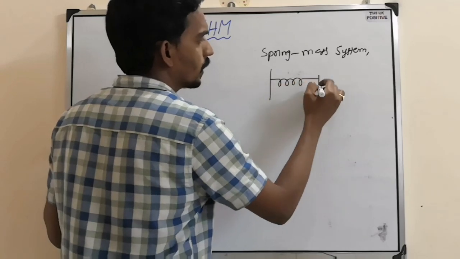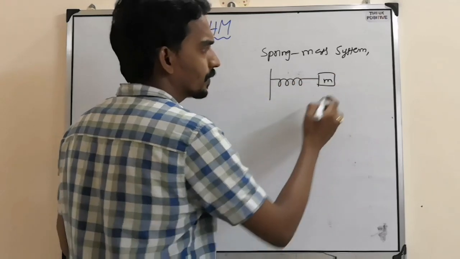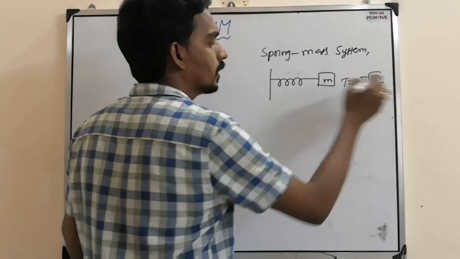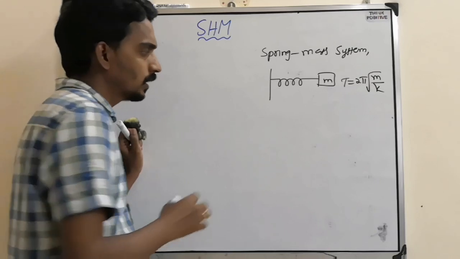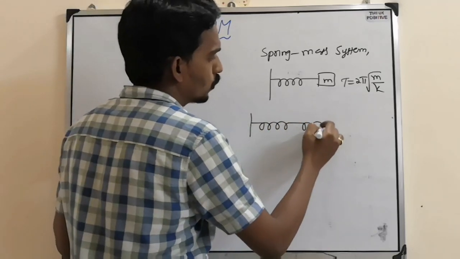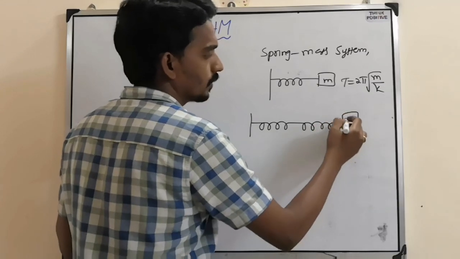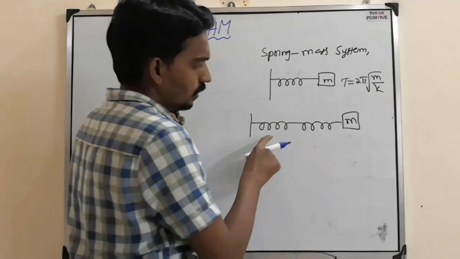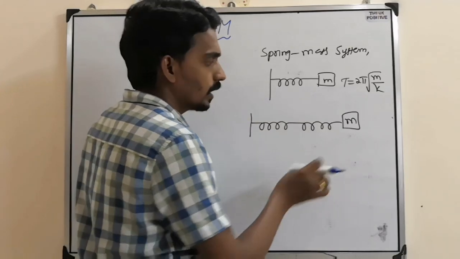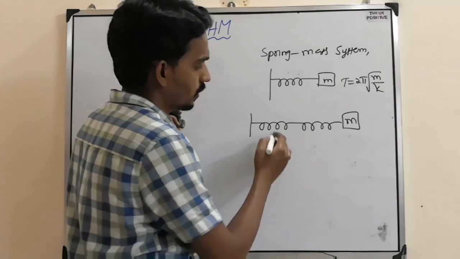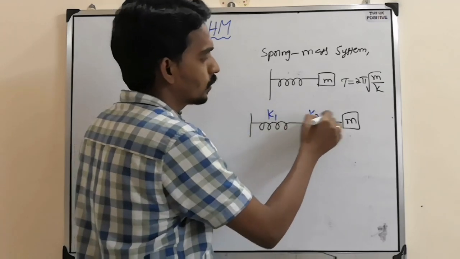If one spring is connected to a mass, then the time period is 2 pi root m by k. That is what we have studied. Sometimes they will give one simple application where two springs are connected to the same mass. Then the two springs are not connected to the mass directly, they are connected in series. Let's take K1, K2.